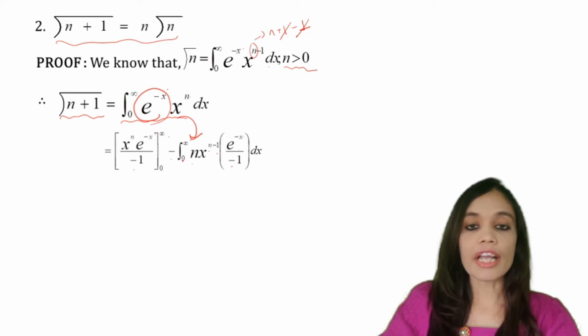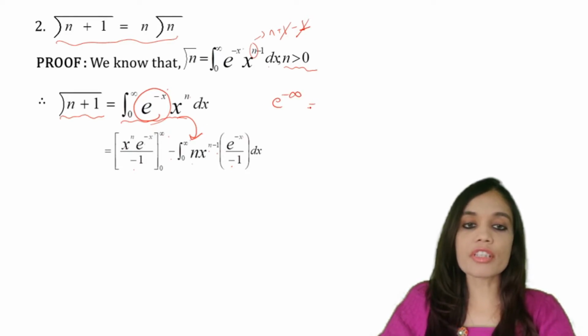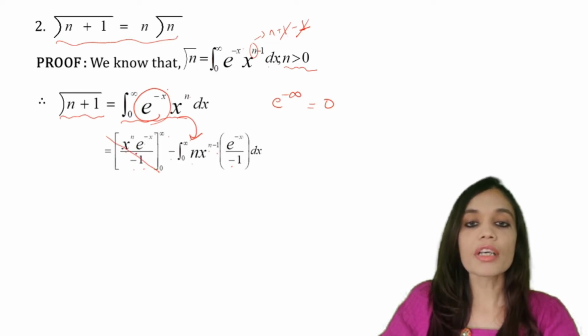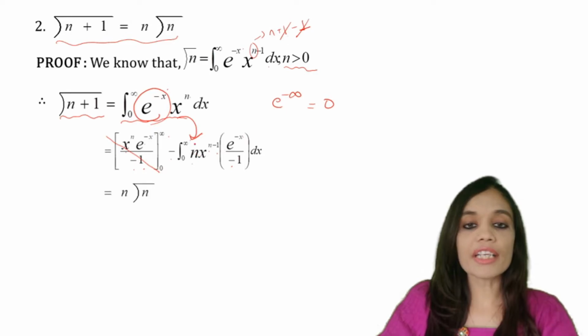Now if you put the limits here, e raised to minus infinity will be 0, so the upper limit will go to 0. If you put 0 in place of x, then the lower limit also will go to 0. So this whole term will be cancelled out. Now take this n outside and the minus outside.